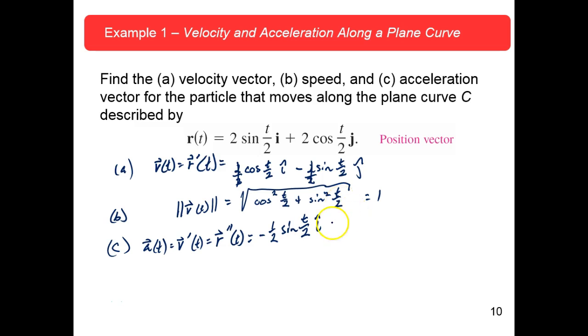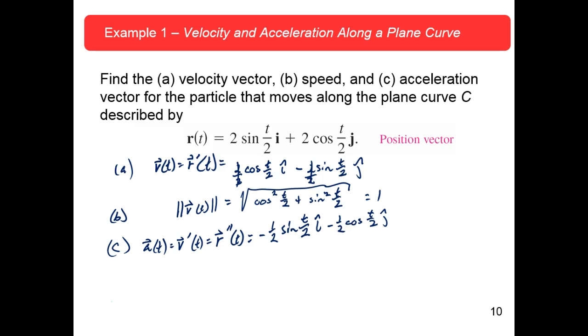Okay, next. And plus, well, it'd still be negative, wouldn't it? Yeah, it stays negative. Cosine t over 2 divided by 2, or 1/2 of that.